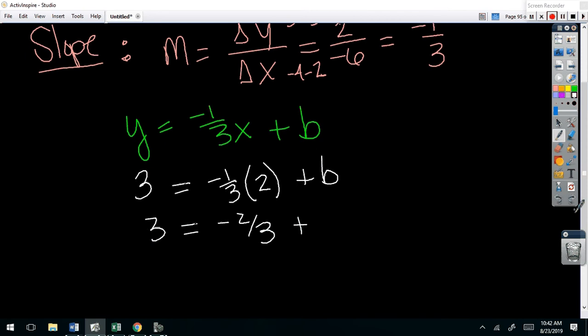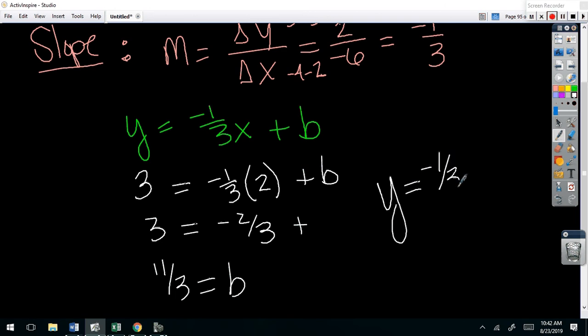Oh dear. 11/3. So this line, this lovely line, is -1/3 x plus 11/3. So interpret, tell me what that means. Down 1/3. And then it starts at 11/3, right?